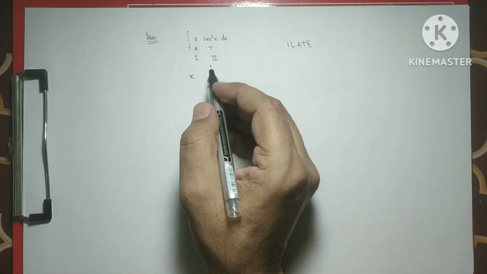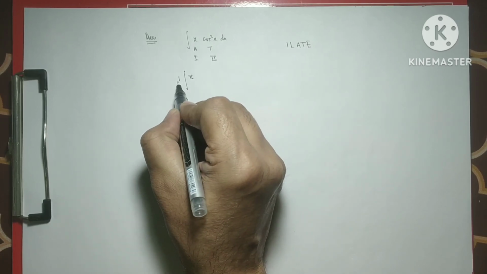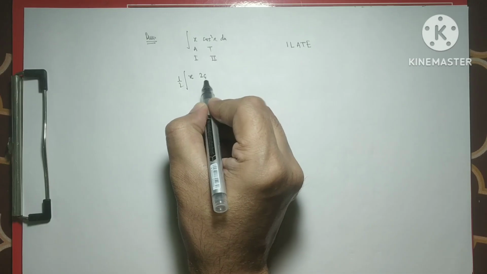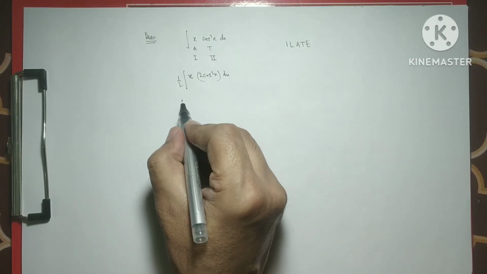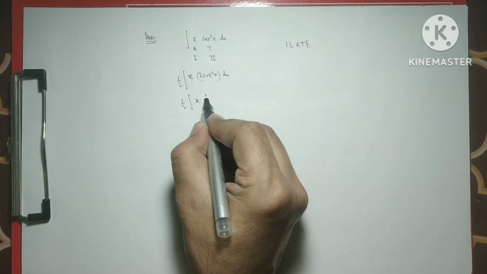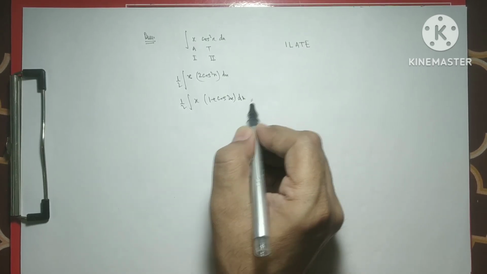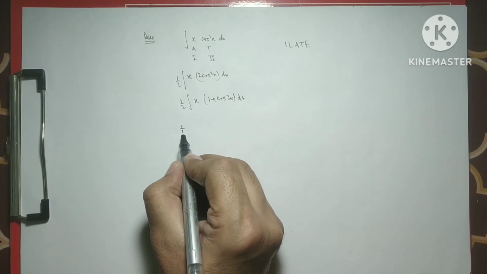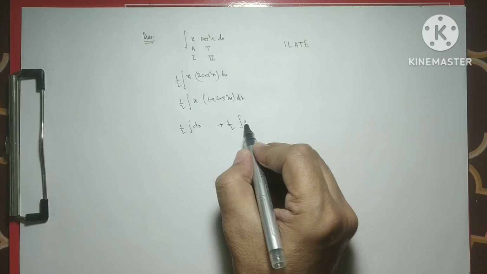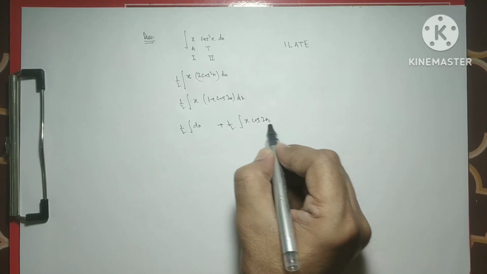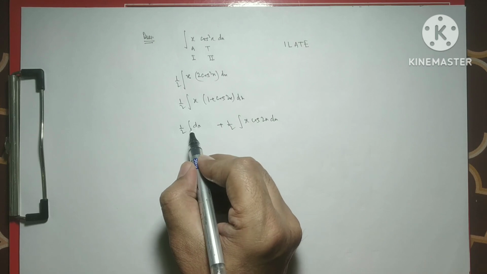So we can modify this and make it easier. We will multiply and divide by 2 and this becomes 1 plus cos 2x. Now this is half x dx and this is half x cos 2x dx. So it will be simplified easily.